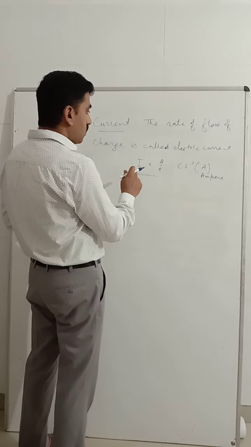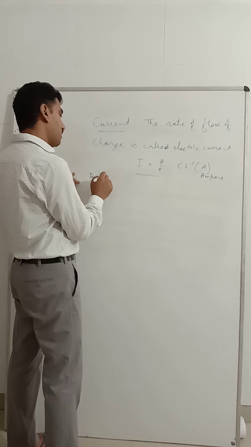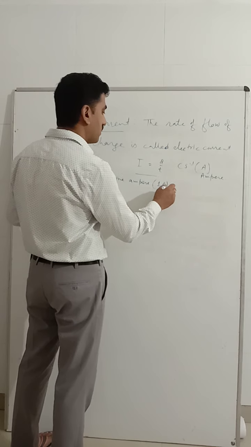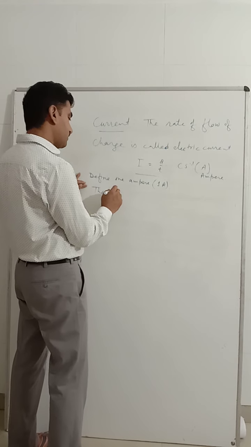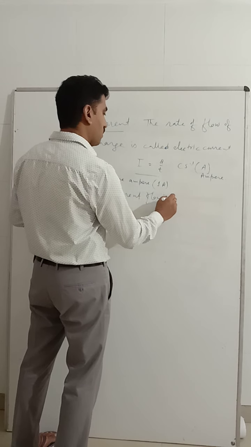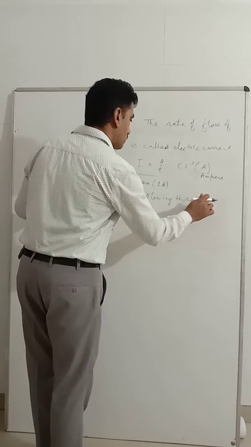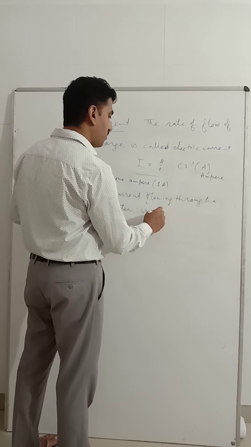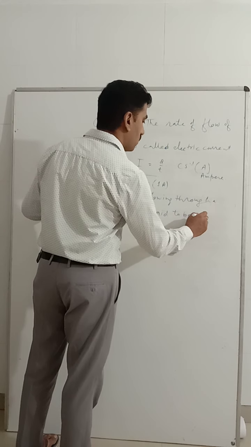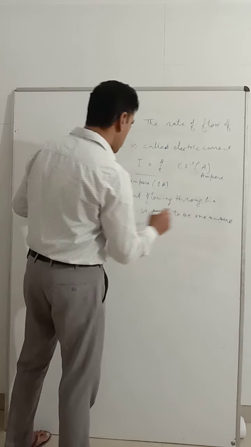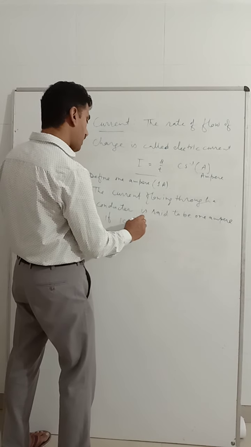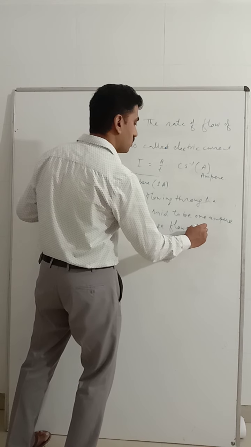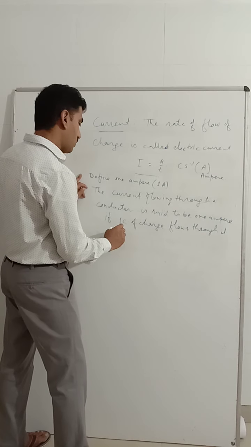So how will you define 1 ampere? The current flowing through a conductor is said to be 1 ampere if 1 coulomb of charge flows through it for 1 second.